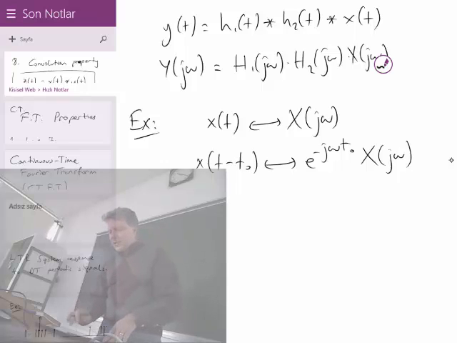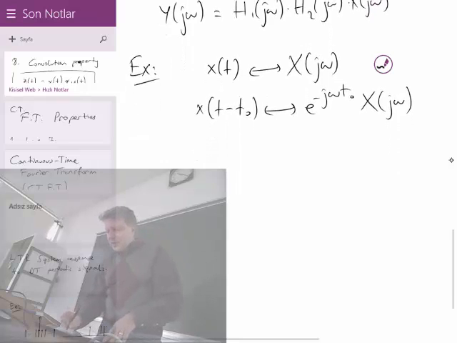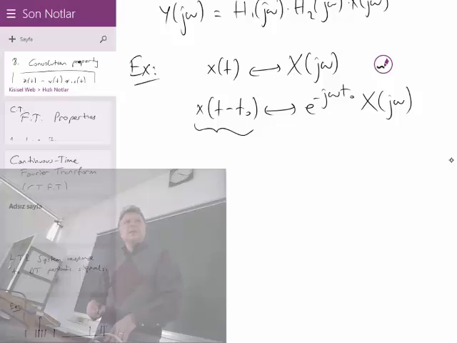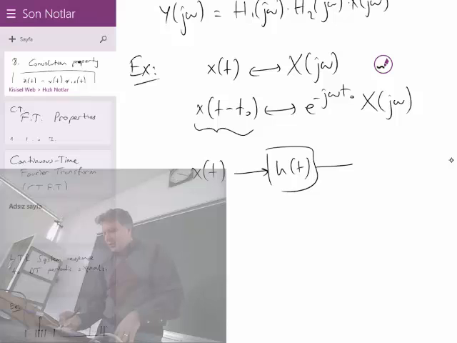Now I'm telling you that this x of t minus t0 can be achieved like this with a system. It's just a delay system. X of t goes into a system h of t, and the output y of t is equal to x of t minus t0.